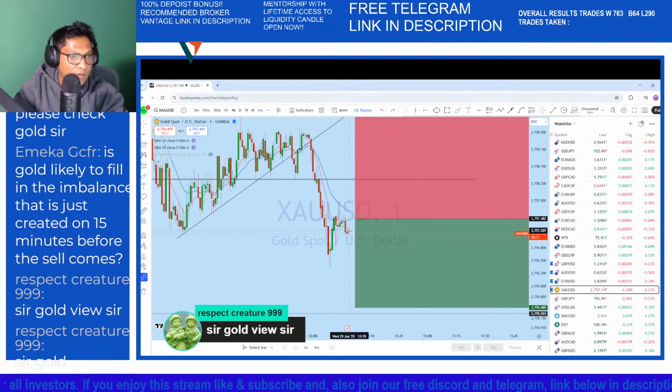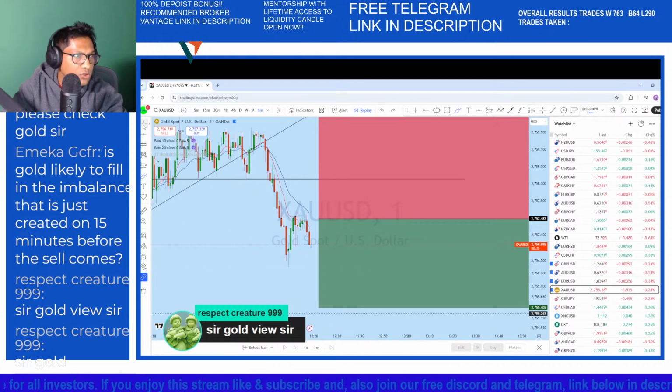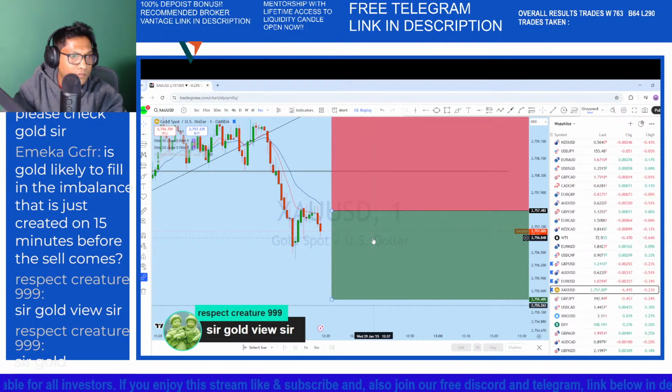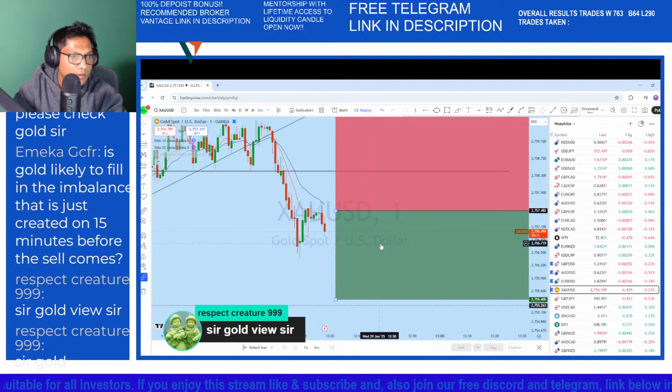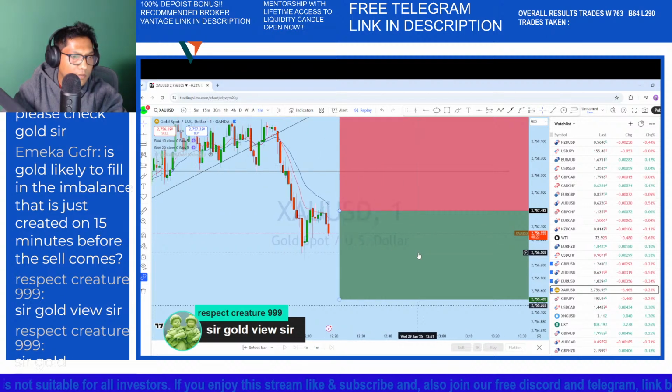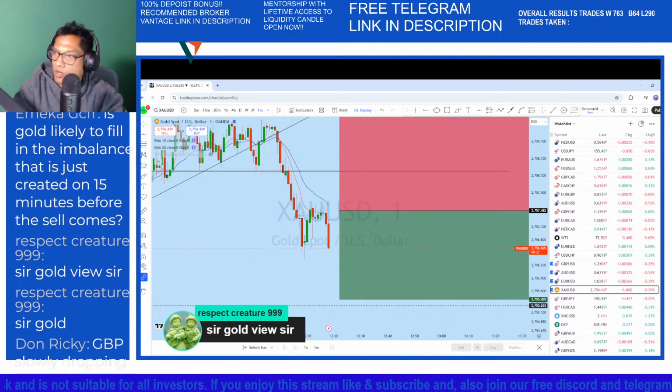We'll be waiting for the market to trend in that direction to create a new lower low. So yep, we are on this one going down, which is good for us to see some pip gain potentially.